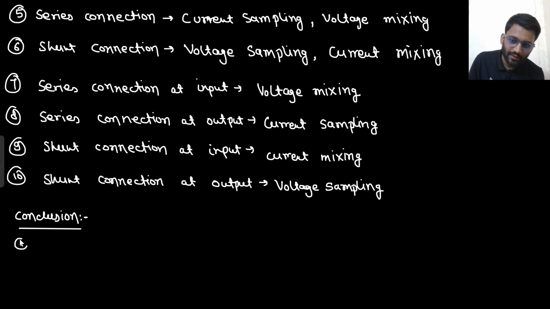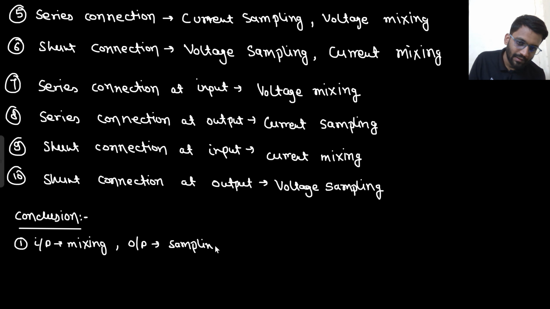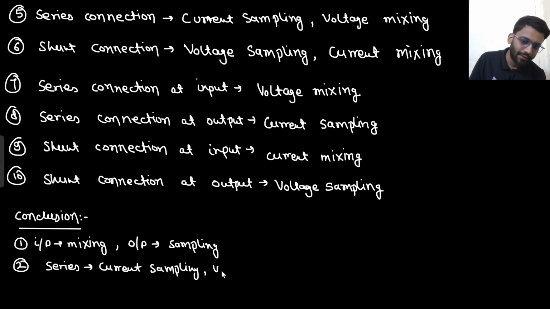So first point, at input you will see mixing. At output you will always see sampling. If I talk about series combination, in series combination current is the same, so current sampling and voltage mixing.